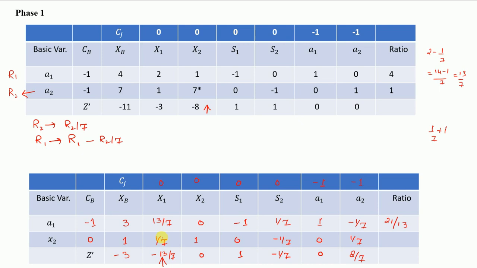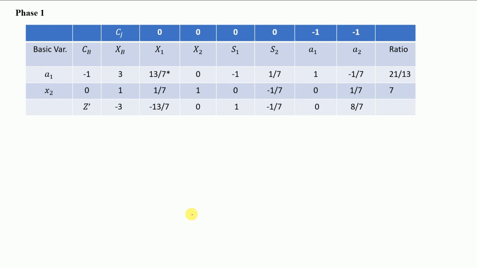This one is 1 by 7, so this is 7. Obviously this one is minimum, so this is the outgoing and this will be the pivot element, 13 by 7. So here I write all this here. I have written already these values here in this table. So this one is outgoing, this one is incoming.